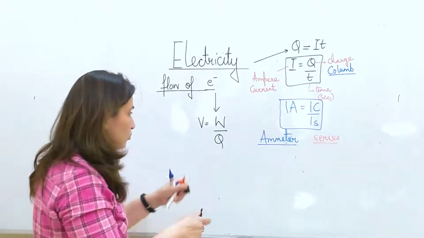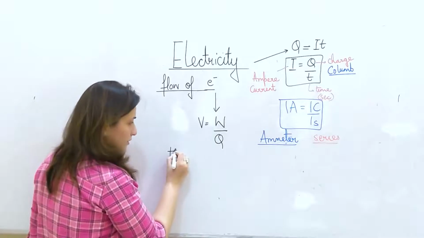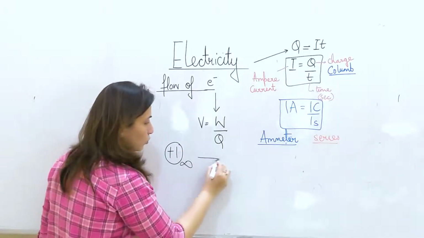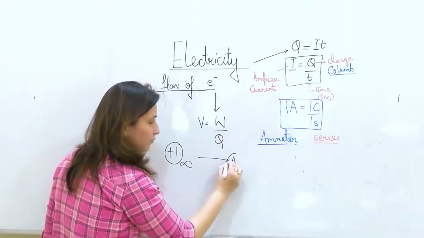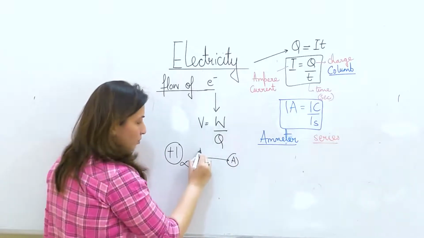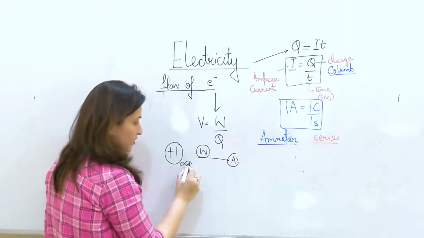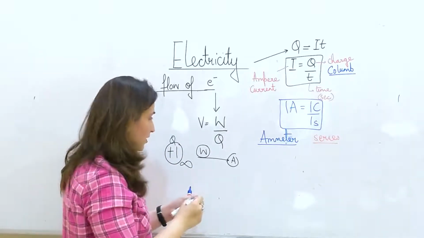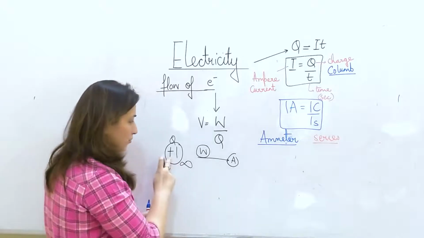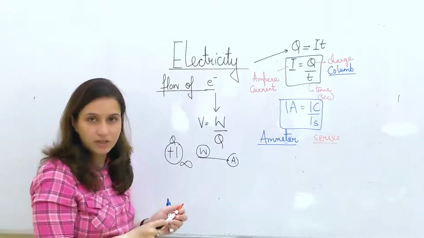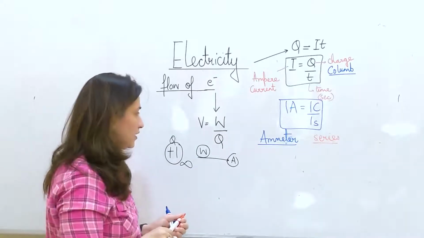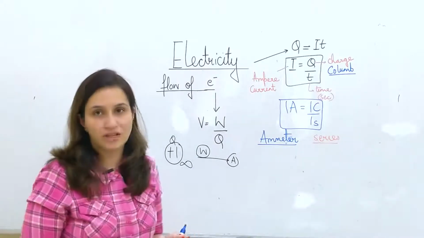But in order to move a unit positive charge from infinity to a particular point, any point A or B, some amount of work has to be done. Just listen to me carefully: the amount of work in moving a unit positive charge from infinity to a point is known as electric potential.